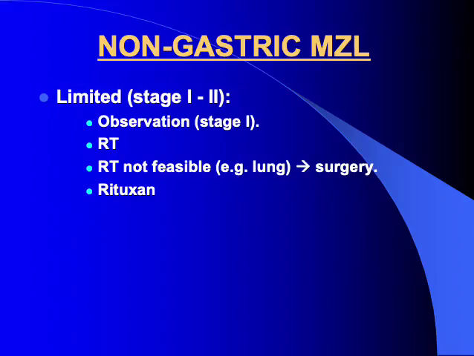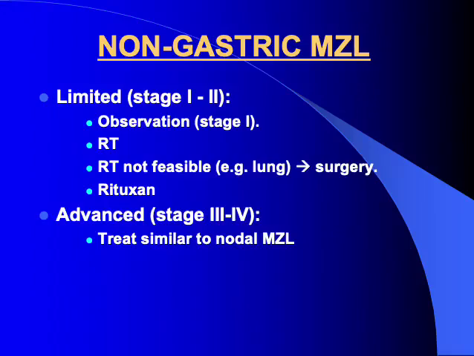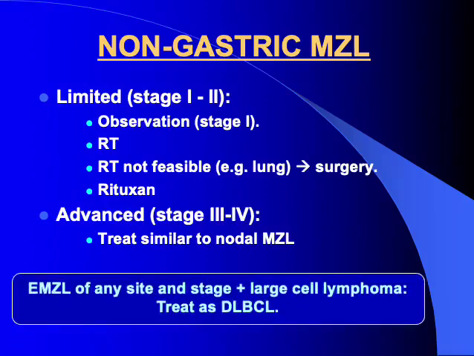Other option is rituximab, systemic therapy. For the advanced stage 3 or 4, we treat similar to nodal marginal zone lymphoma. By the way, if the marginal zone lymphoma has a component of diffuse large B-cell lymphoma, we should treat as diffuse large B-cell lymphoma with R-CHOP.